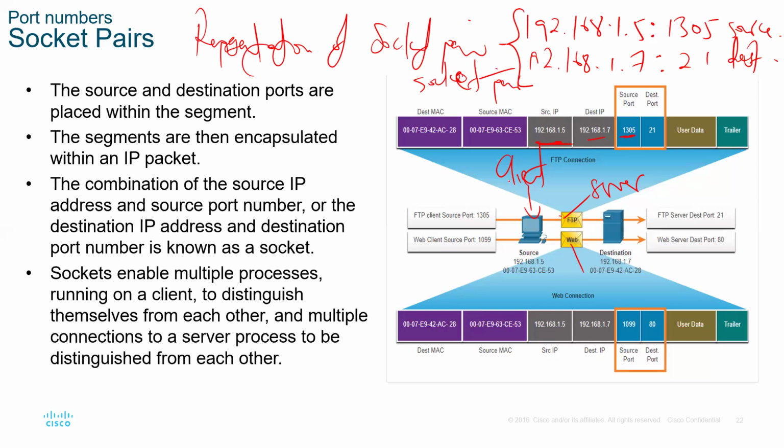These two make what we call a socket pair, with this one being the client, the source. This is the client socket. Then this one is the server socket.